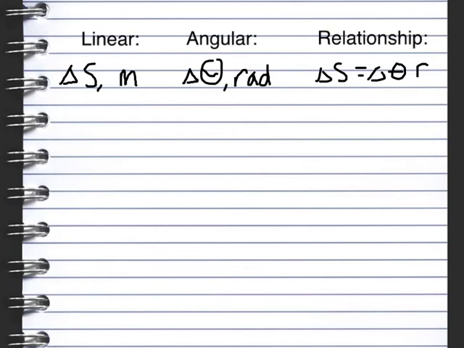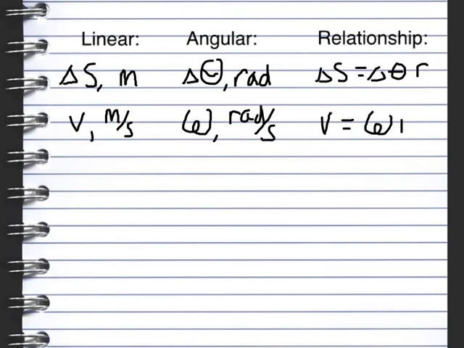Now, linearly, we have a speed, which we describe as meters per second, units-wise. Angularly, the variable we use is an omega, which stands for radians per second. And the relationship of those, speed is equal to omega times r.